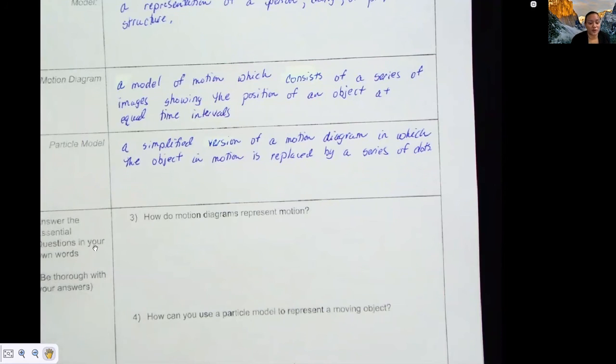Now remember that as far as when these pictures are taken, the unit of time has to be a specific, consistent interval. You can't take a picture at 1 second, then at 2 seconds, and then the next one at 5 seconds. It's got to be every second, or you can do every 2 seconds or every 3 seconds. It doesn't matter as long as the time interval is the same.